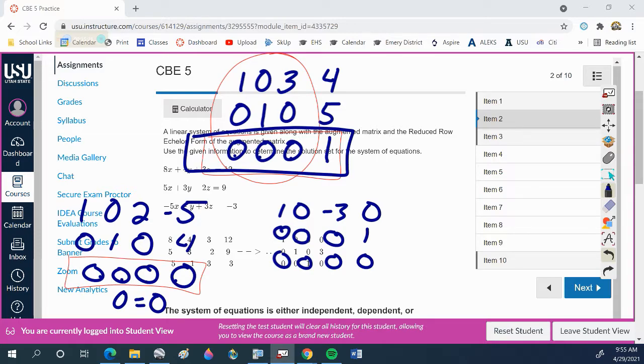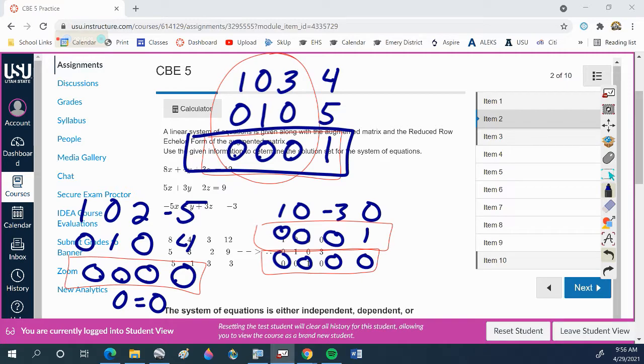What's going on there? Well, this is telling me infinite solutions. And this is telling me no solution. So who wins? No solutions wins.